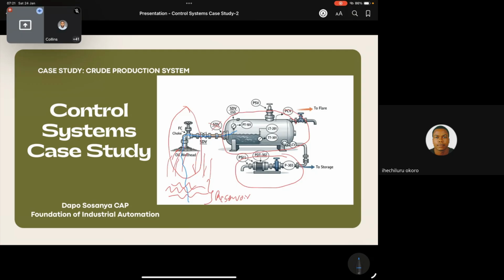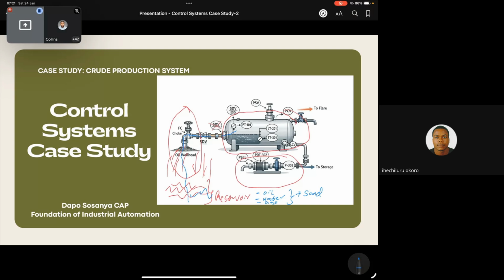When this crude exists as a mixture of the oil we need, water, gas, then all of this plus sand, of course, it's coming from the earth crust.